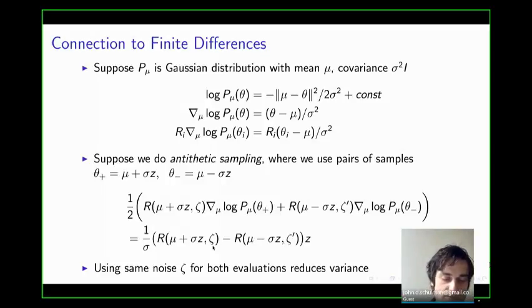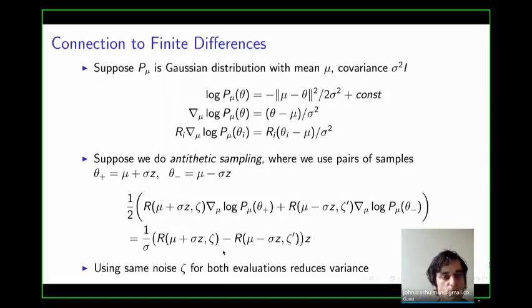So you end up having an error term that goes like 1 over sigma. If you have a very small sigma and you use two different noise samples, then you're going to get a pretty bad estimate. But if you use the same noise samples, so if zeta equals zeta prime here, then you get a much better estimate.